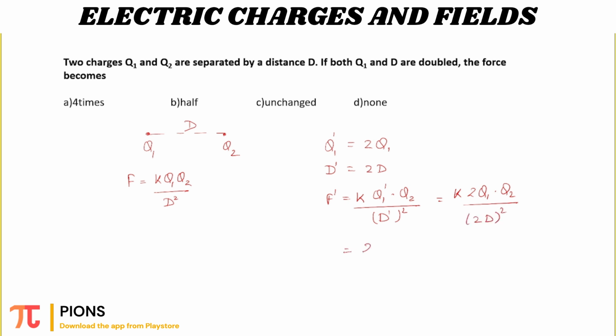So that will give us 2 times K Q1 Q2 whole divided by 4D square. Now K Q1 Q2 over D square is nothing but the previous force. So it will be 2 by 4, that is 1 by 2 of F, that is F dash. So the correct answer is, it is halved. Understood?